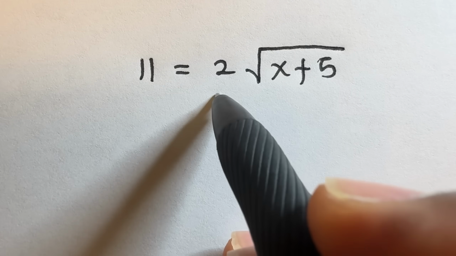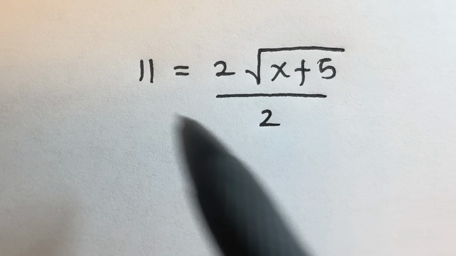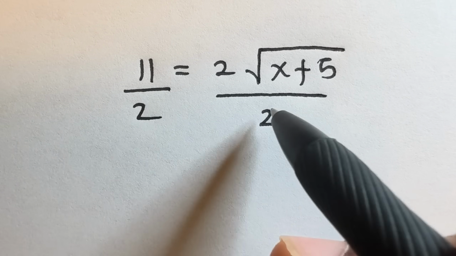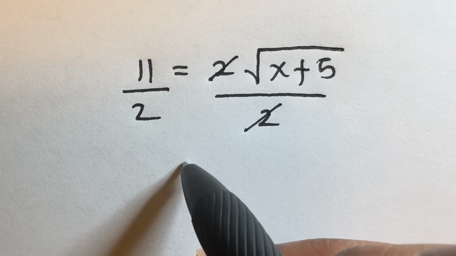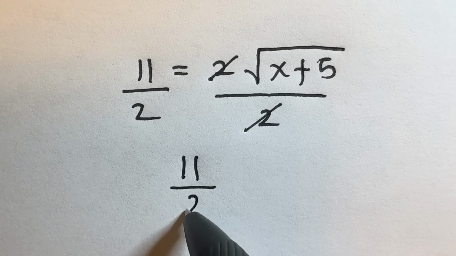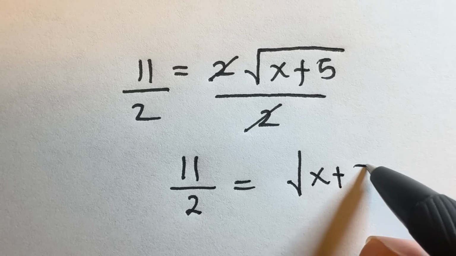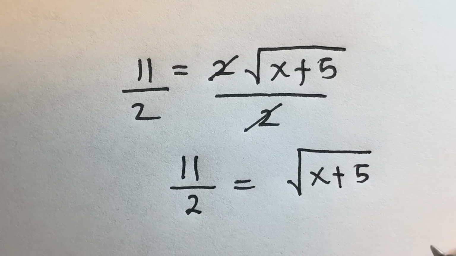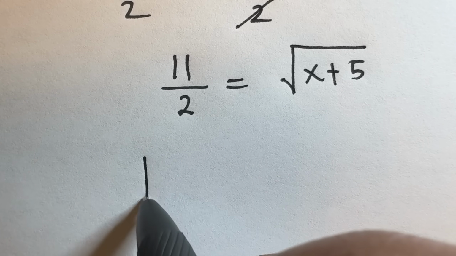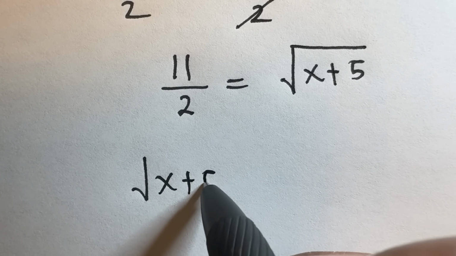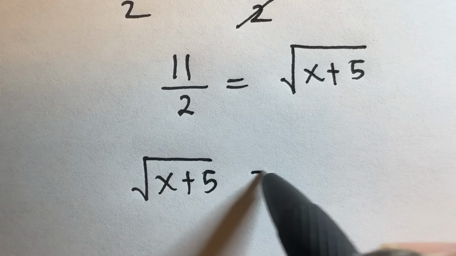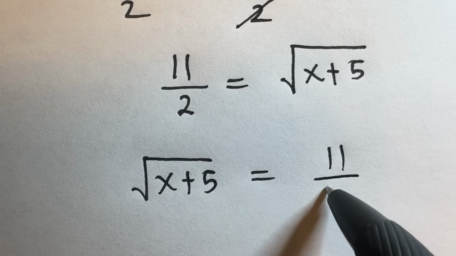Let us divide both sides by 2. So this here takes care of this. So we have 11 divided by 2 is equal to square root of x plus 5. We can also write this as square root of x plus 5 is equal to 11 divided by 2.